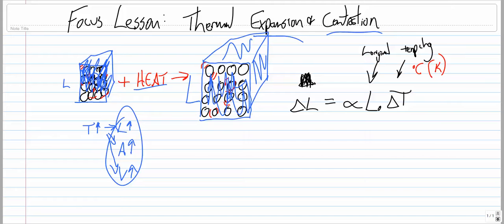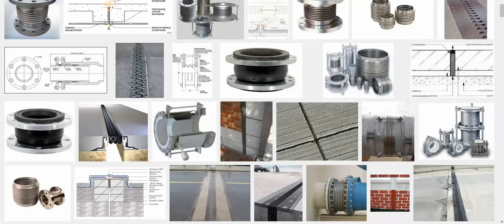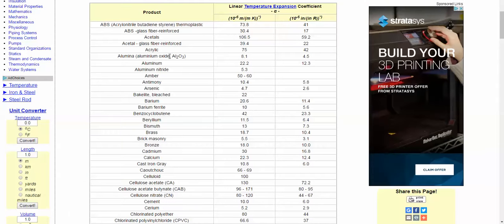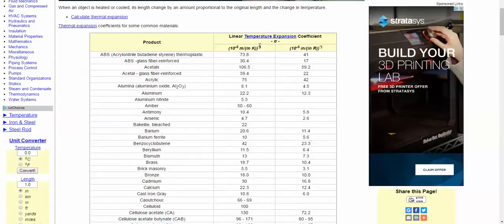So let me do that. Let me go here. Coefficients of linear expansion. So let's say we're talking about aluminum, and it's 22.2 times 10 to the negative 6 meters per Kelvin.